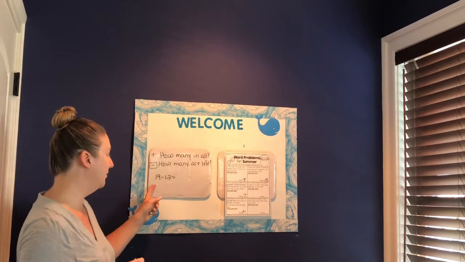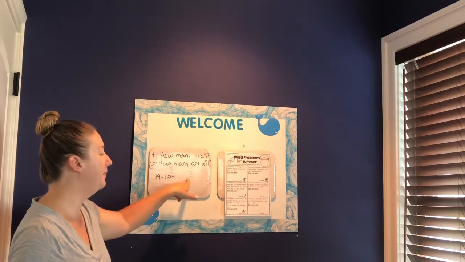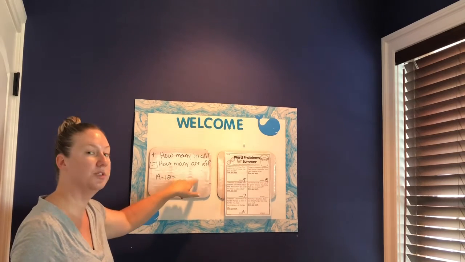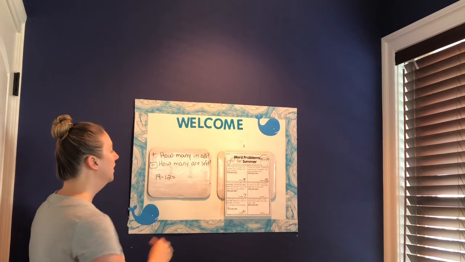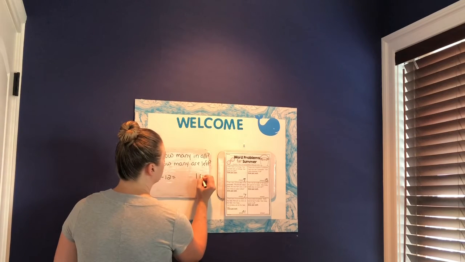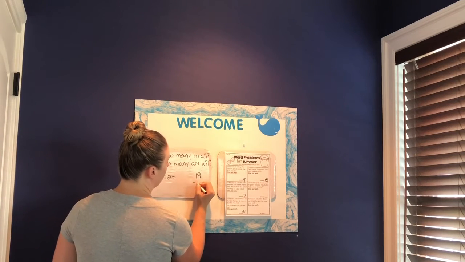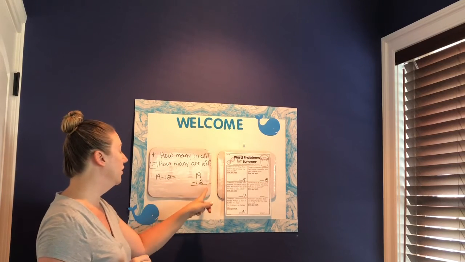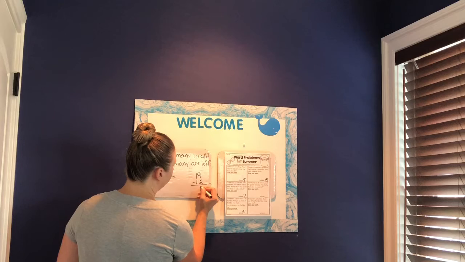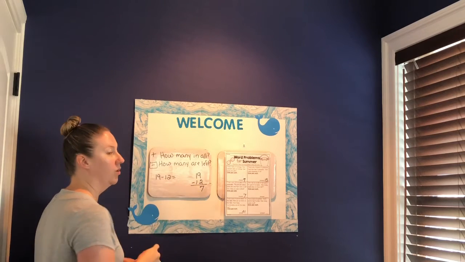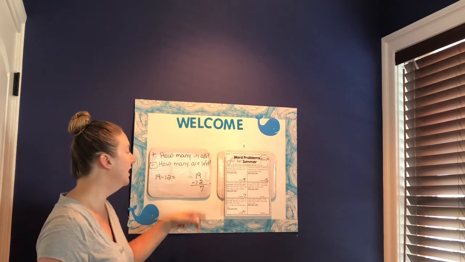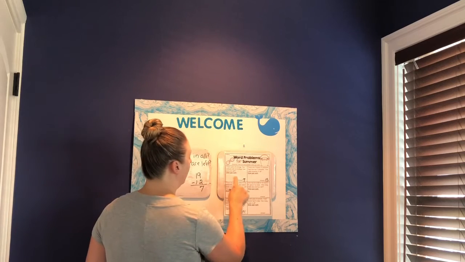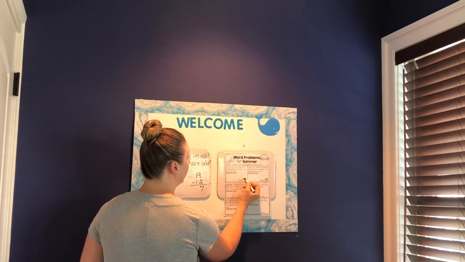You can set it up like this, or you can think back a couple weeks to our double-digit subtraction and addition, where we lined up our ones and our tens. So you can also set it up this way. We know that 9 minus 2 is 7. 1 minus 1 is 0. We don't have to include that. So our answer for how many are left is 7.